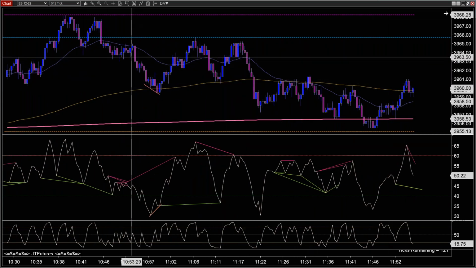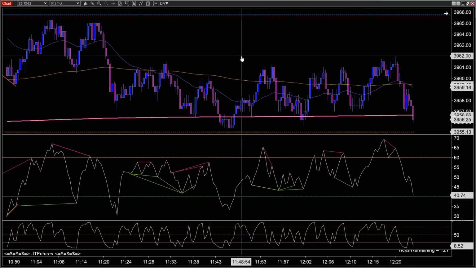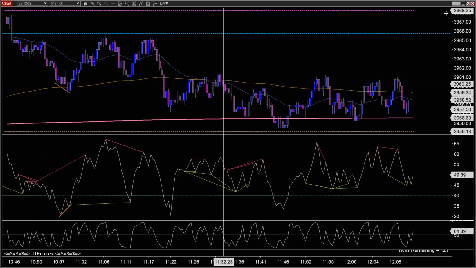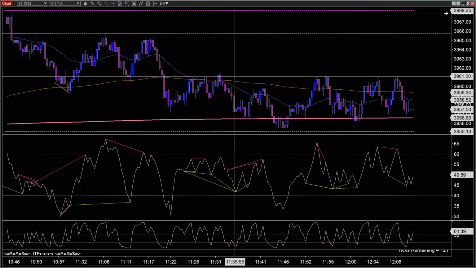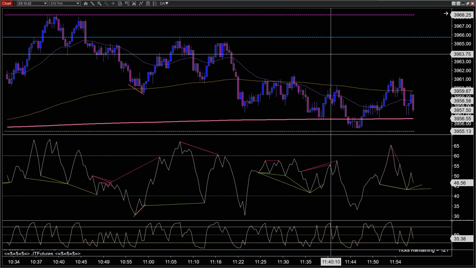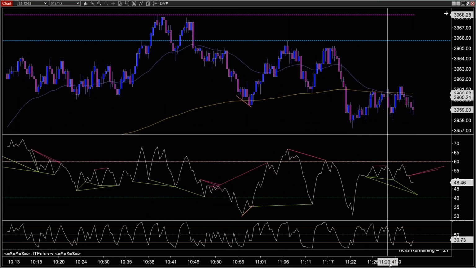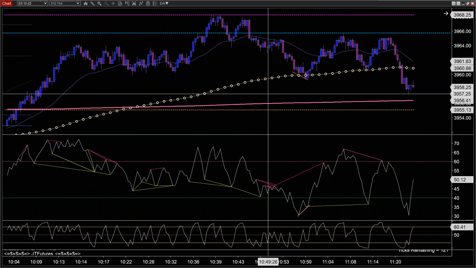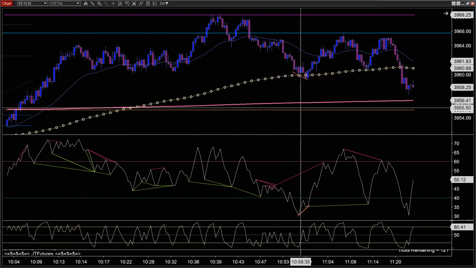I've given you enough examples to hopefully convince you that yes, in many instances, when it comes into these areas, it does find resistance within 2 points, right? So now we have a defined risk for our trades. We know that if we're pushing into a level, that it shouldn't break by more than 2.5 points max, okay?